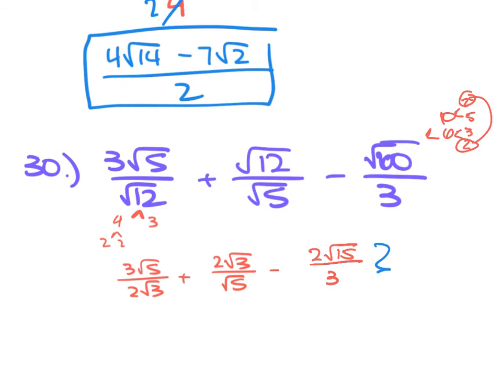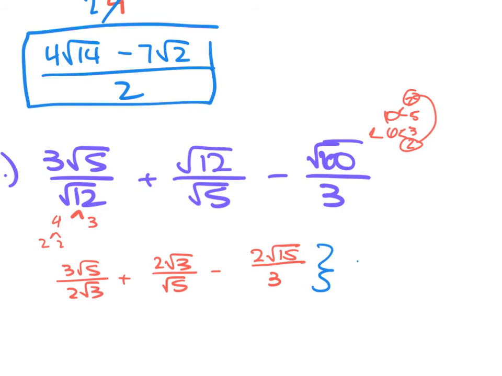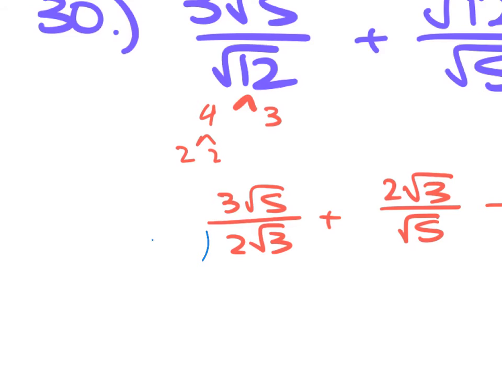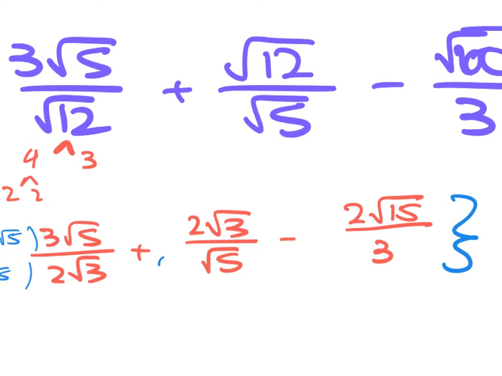My least common denominator between all of this is 6 square root 15. So the first fraction, I'm going to multiply 3 square root 5 by the top and the bottom. Second, I am going to multiply 6 square root 3.